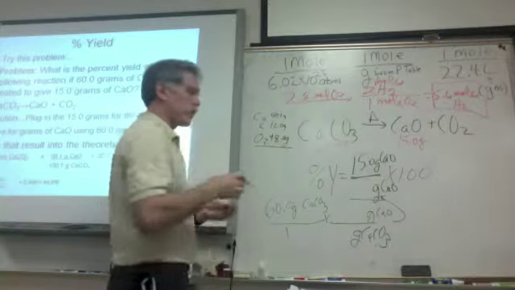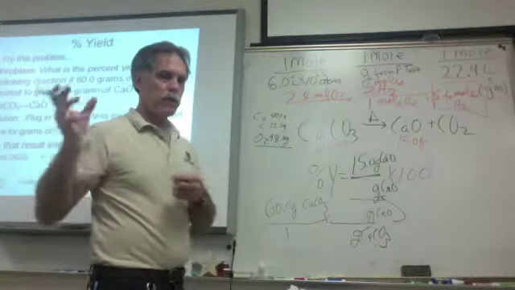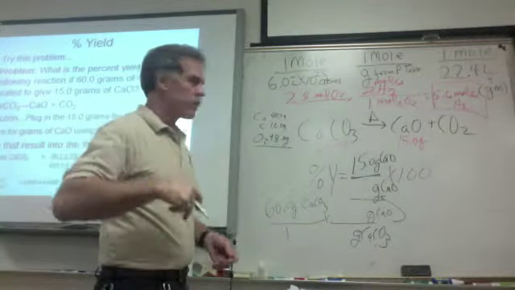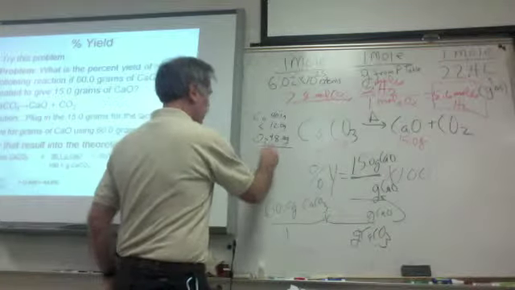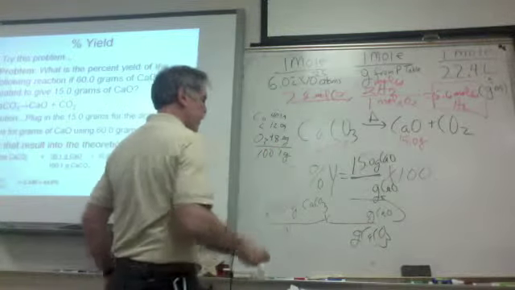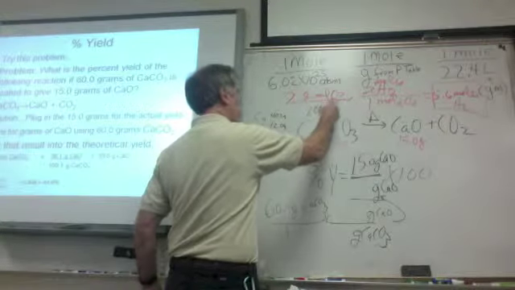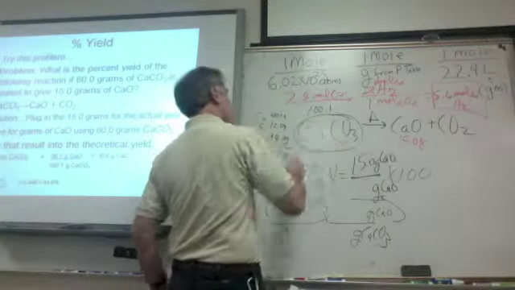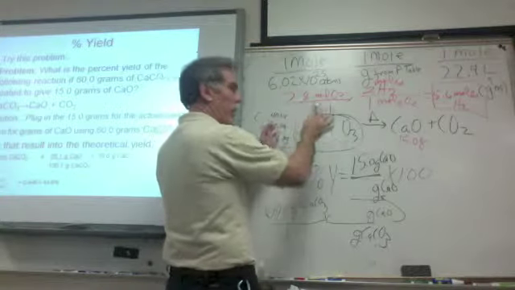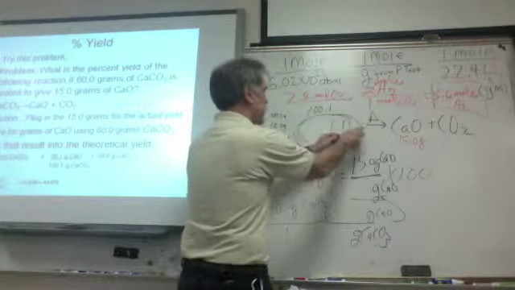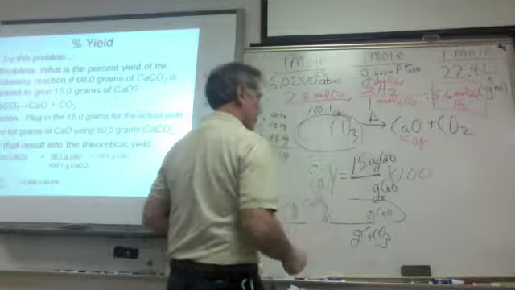Remember, we got all those from the periodic table, the gram atomic mass under the symbol. When we add that up, we get 100.1 grams, and that's how much CaCO3 weighs. Draw a bubble around CaCO3, and we weigh the bubble. Ca, C, and O3 all add up to 100.1 grams.